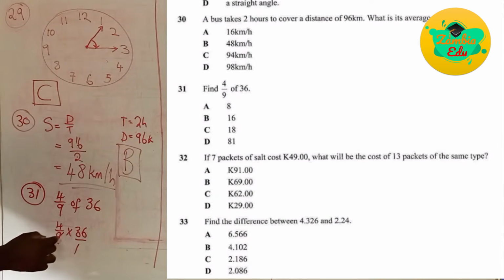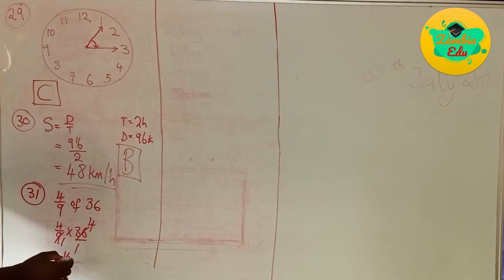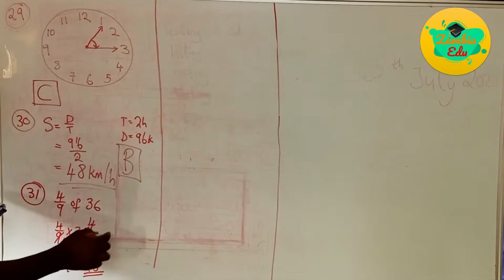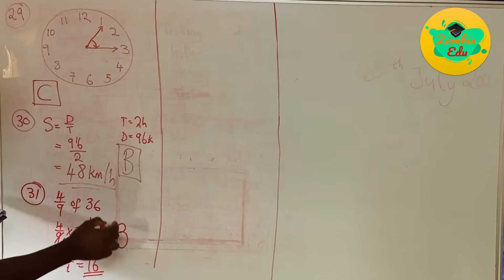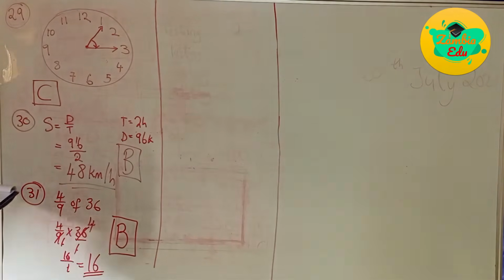You can say 9 into 9 is 1, 9 into 36 is 4. So you can say 4 times 4 is 16 over 1 times 1 is 1. Then 1 into 16 is still 16. So our answer is 16, and 16 was represented by option B. So our answer for 31 was B.